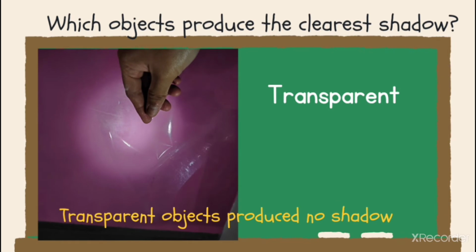How about transparent objects? For example, a clear plastic sheet. Can you find any shadow formed on the screen? No, there is no shadow formed on the screen. So, transparent objects produce no shadow.